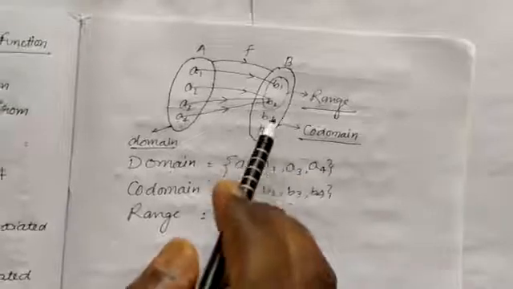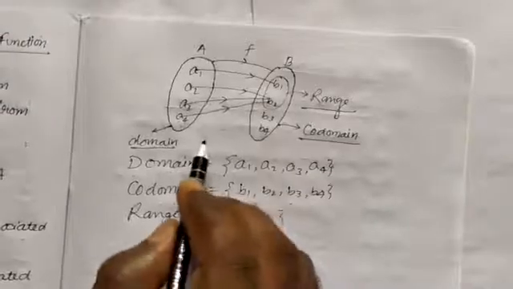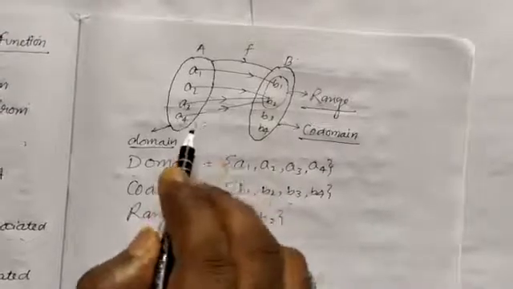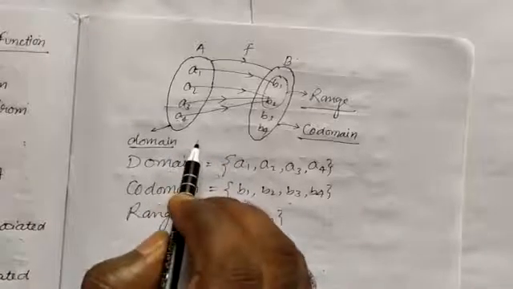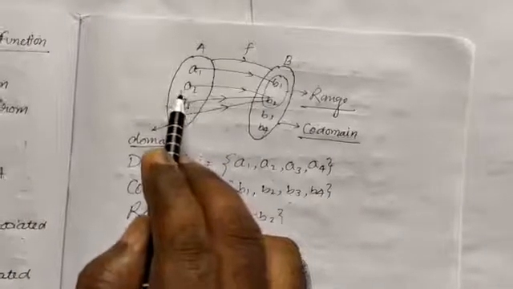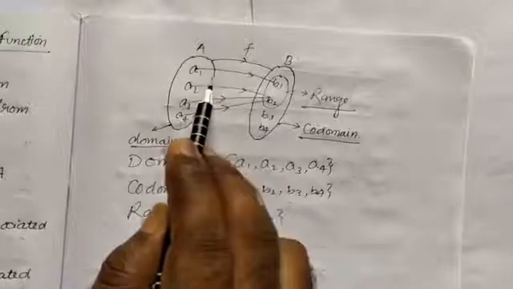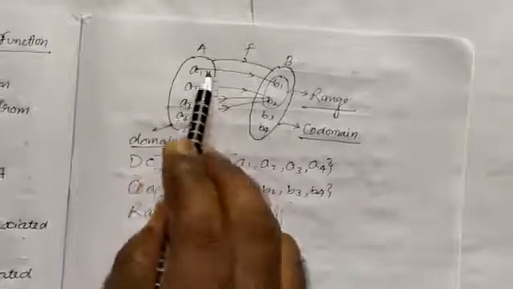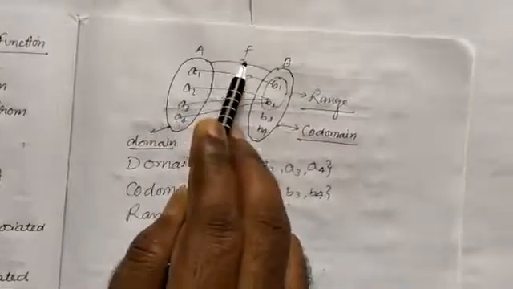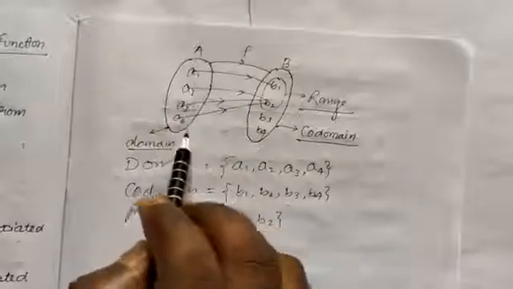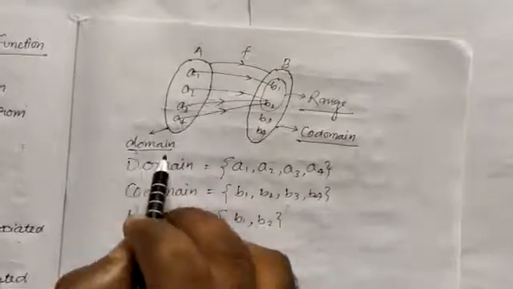Okay. Now if f is a function, then what will be the domain? The set from where the correspondence starts is called the domain. This f correspondence is starting from set A, so set A is called the domain.